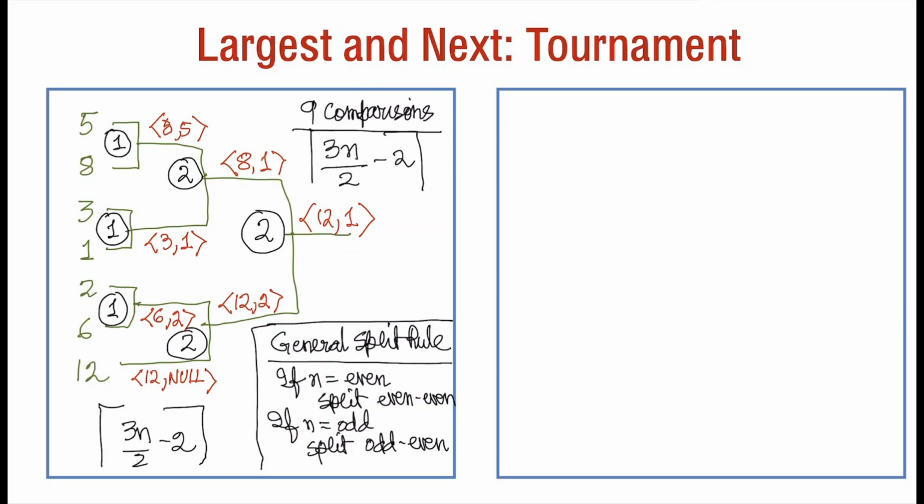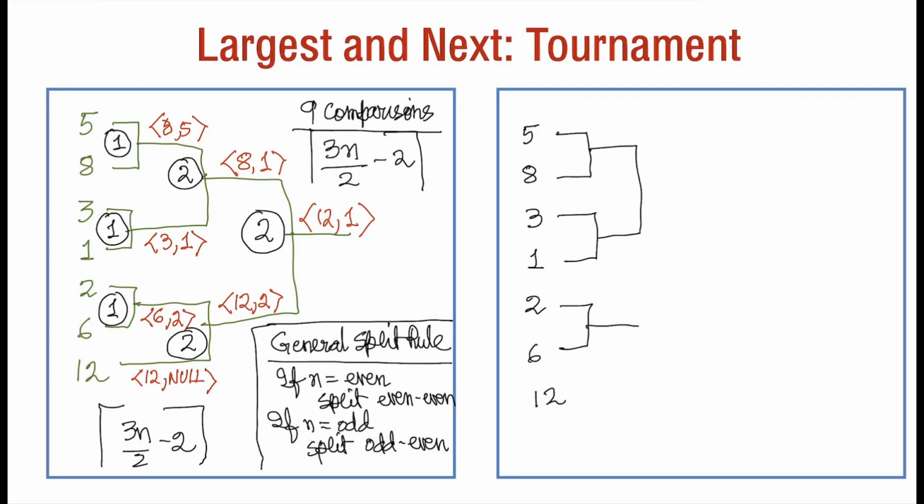Now let us look at this tournament structure a little more carefully. So we redraw the tournament structure. And now in this tournament we first find only the largest. We build up this tournament structure and find only the largest.